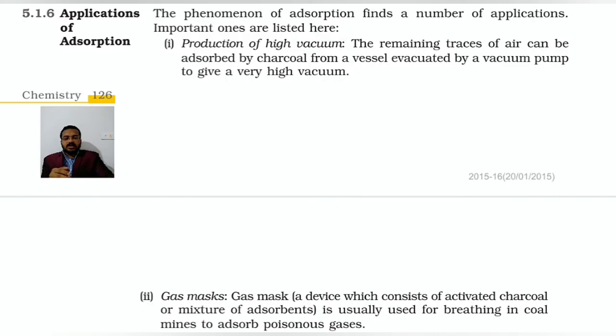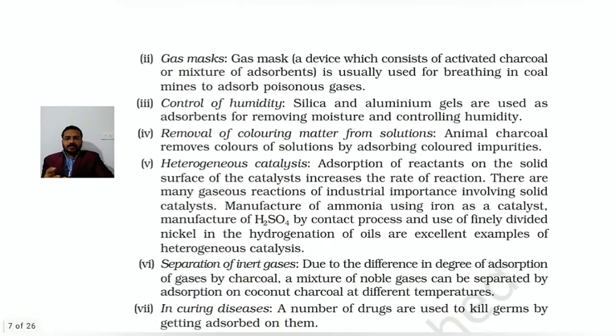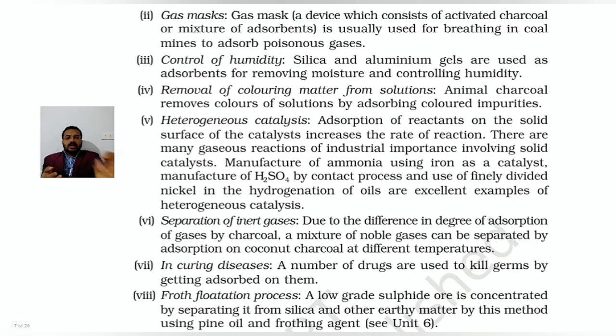The second one is the gas mask. In a gas mask, adsorption is used. A gas mask, a device which consists of activated charcoal or a mixture of adsorbents, is usually used for breathing in coal mines to adsorb poisonous gases. Coal mines are situated very deep inside the earth, and there will be an insufficient amount of oxygen. So carbon will react with the limited oxygen to form carbon monoxide. We already know carbon monoxide is a poisonous gas.